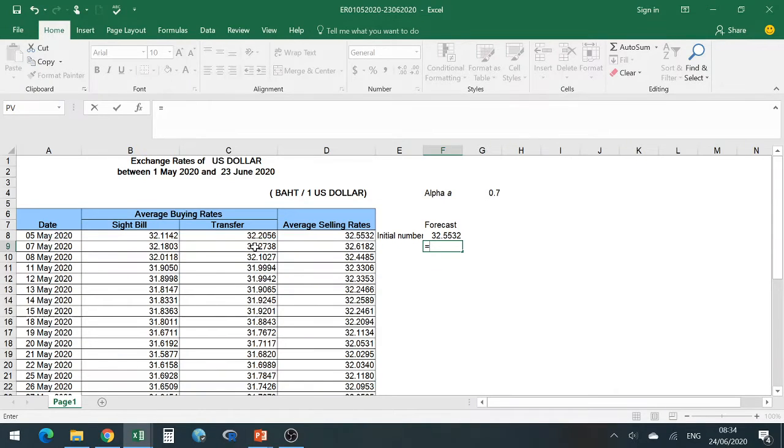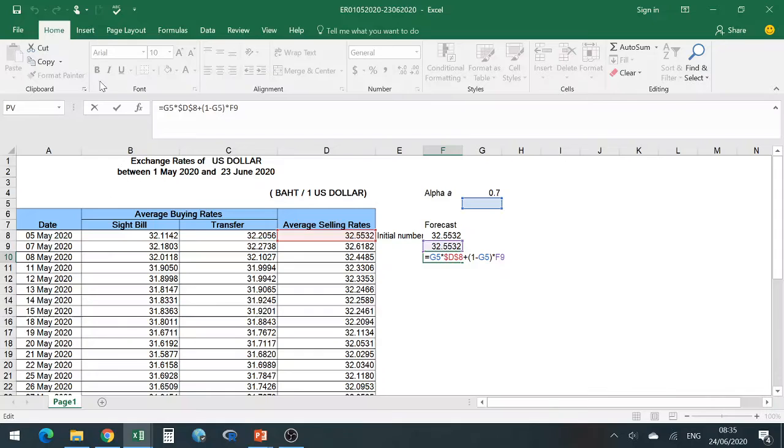The forecast for tomorrow is going to be alpha times the actual number of yesterday, plus 1 minus alpha, times the forecast of yesterday. The alpha doesn't change, it's constant, so I have to lock this.